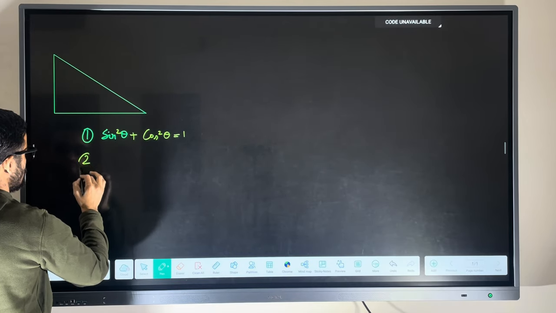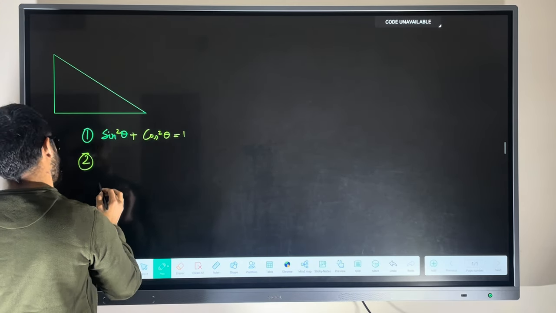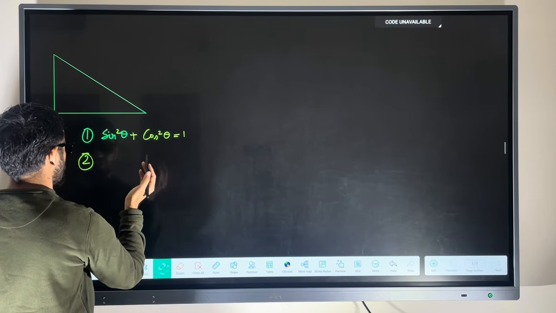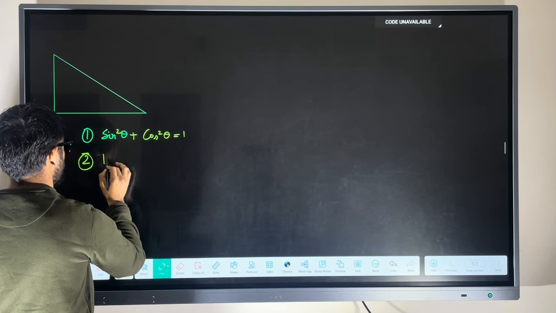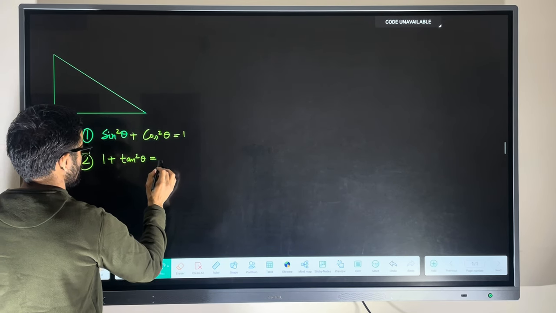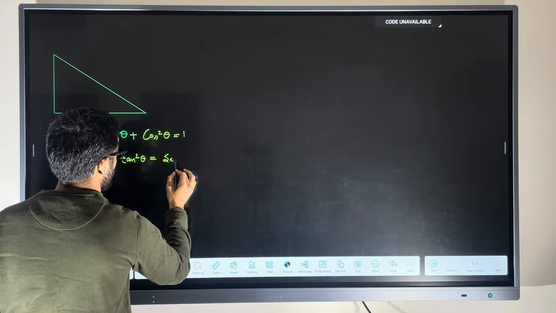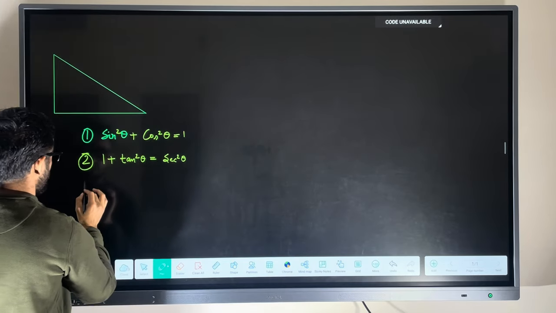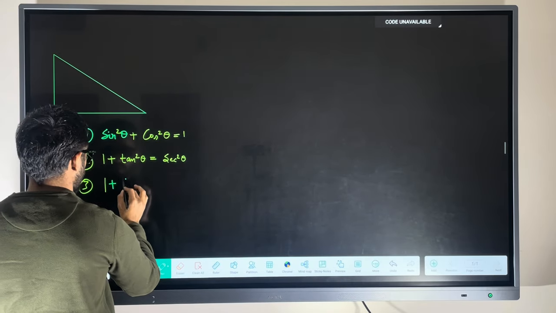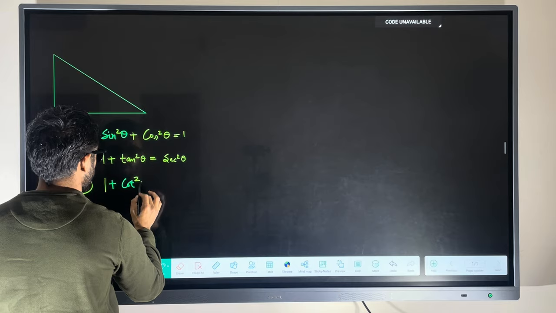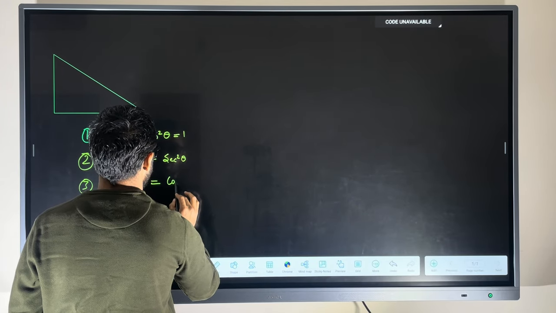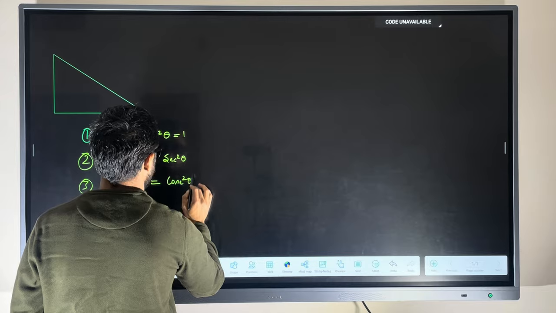The second one is, we can say sec square theta or tan square theta. Here we can say 1 plus tan square theta is equal to sec square theta. And third one was 1 plus cot square theta is equal to, what we have left with, cosec square theta.